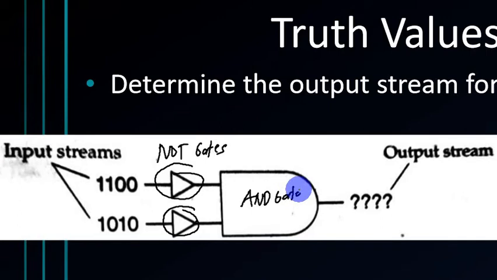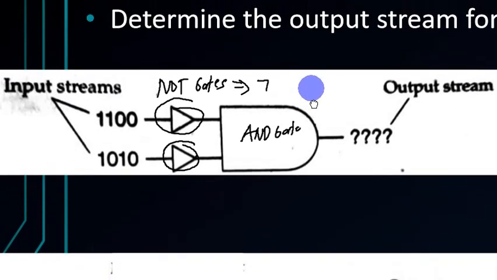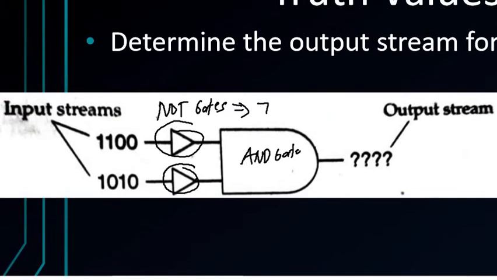which would mean once our inputs go into our NOT gates, our NOT gate would have to negate that specific input, and that negated input is now the output of the NOT gate and becomes the input of the AND gate. For example, my input here is 1, then I have another input of 1.